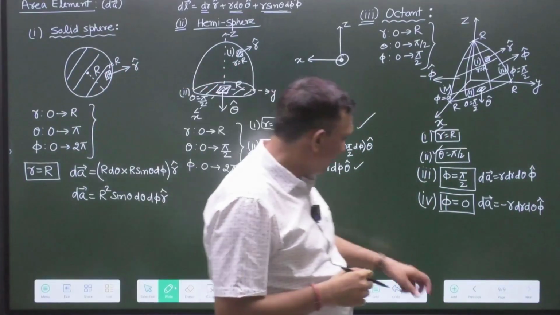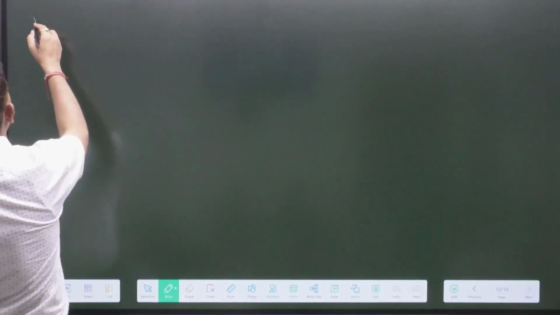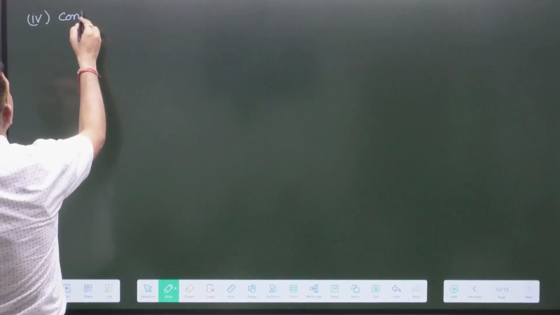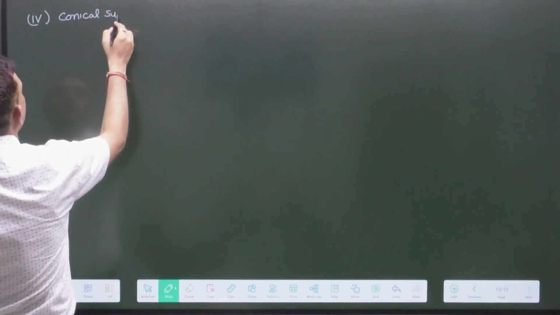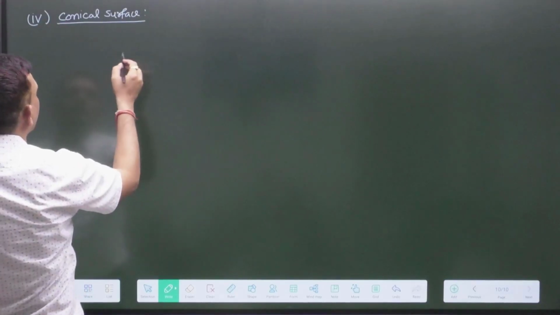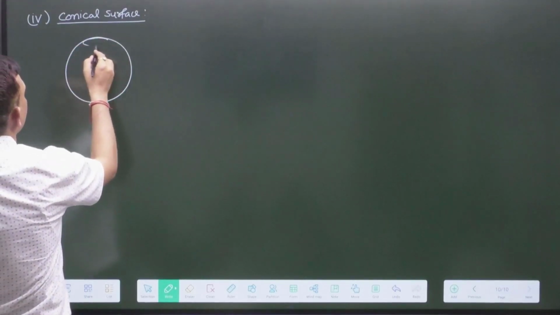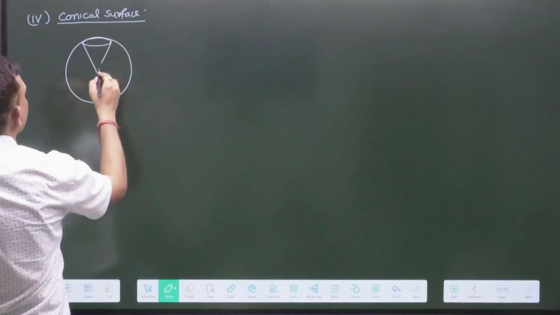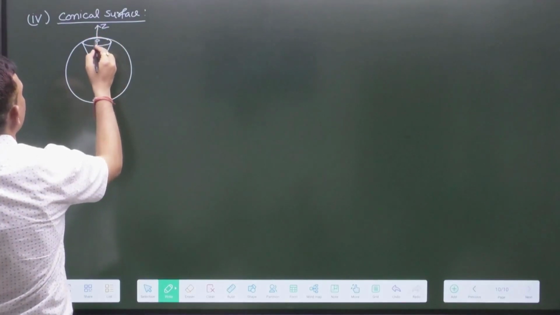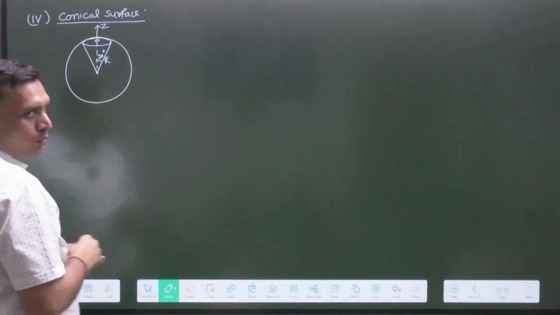Now one last case, the fourth, is a part of a sphere. Let's consider a cone. Consider a conical surface, and that cone is derived from a sphere. This is the z axis, and I am taking this angle to be 30 degrees. Let's draw this cone.